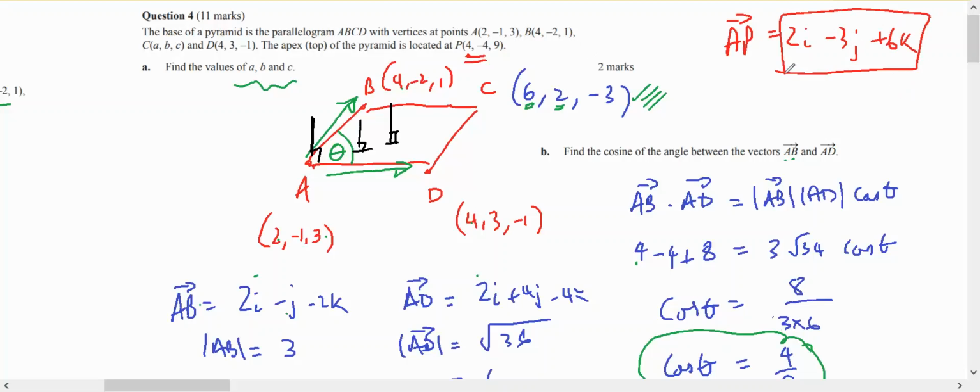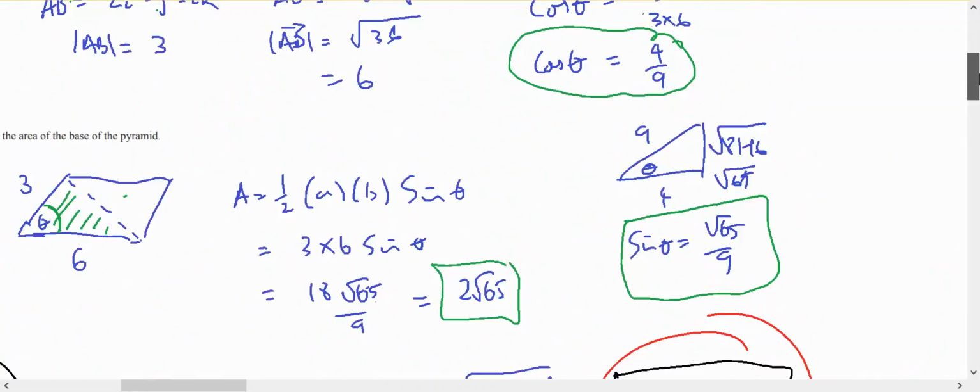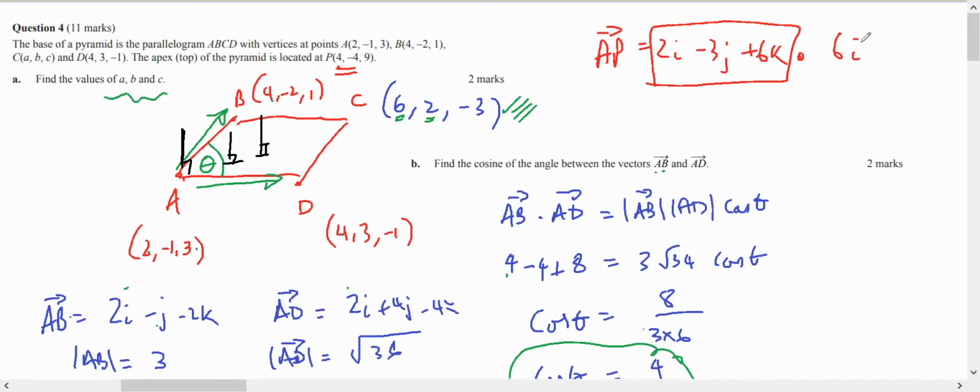And the dot product of this with 6i plus 2j plus 5k. 6 times 2 is 12, minus 2 times 3 is 6, plus 30 gives me 36.